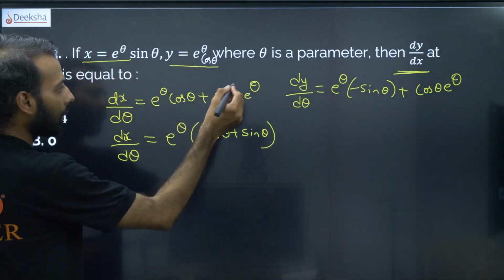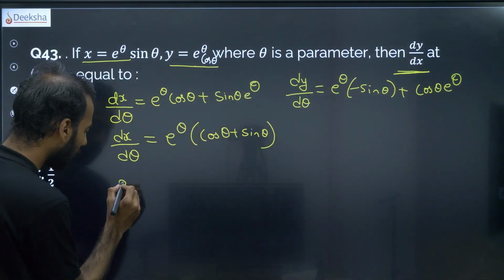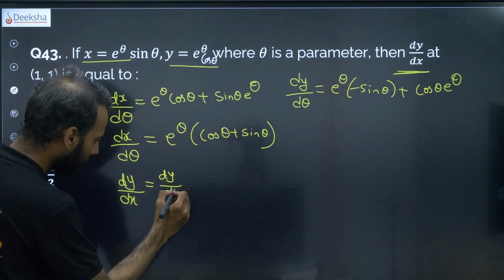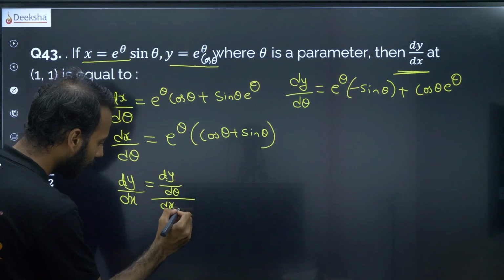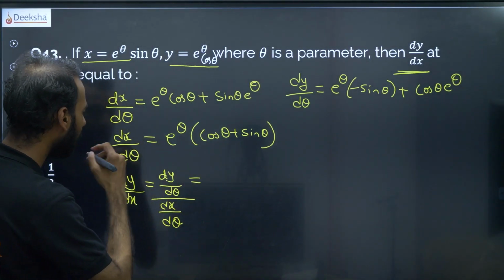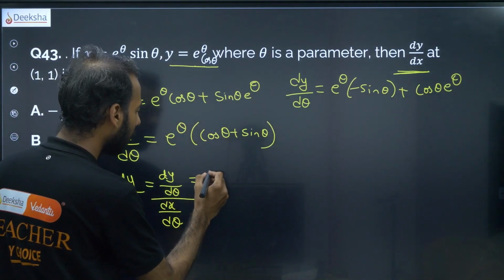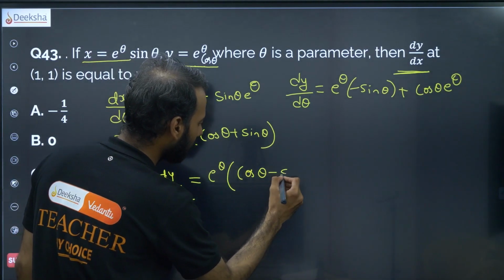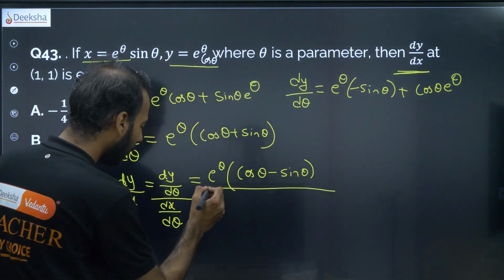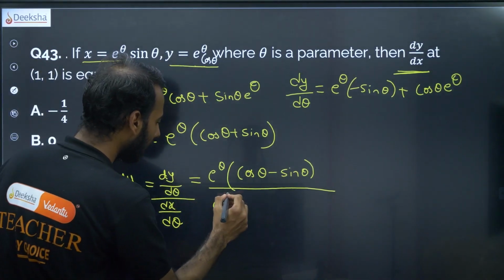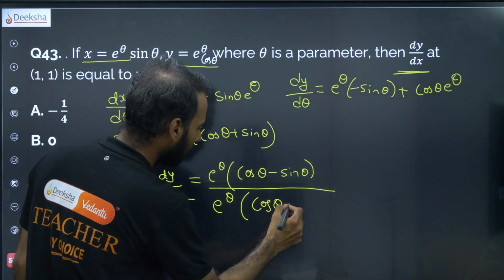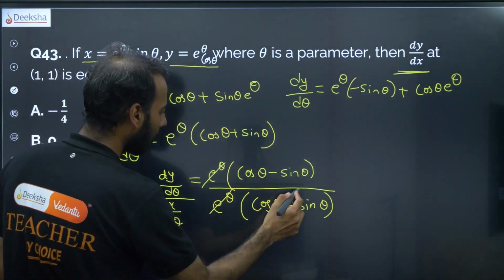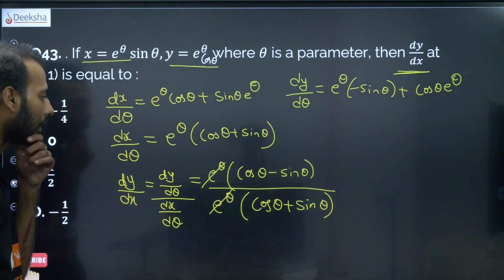Now they are asking to find dy by dx. So dy by dx is equal to dy by d theta divided by dx by d theta. Taking e raised to theta common, we get cos theta minus sine theta divided by cos theta plus sine theta, as e raised to theta cancels.